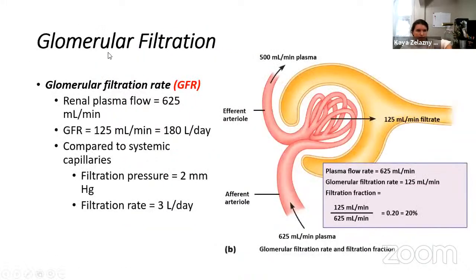Okay. So what we do with this glomerular filtration rate, we're going to use it to calculate our filtration fraction, which tells us basically what percentage of the plasma is getting filtered through the nephrons every minute.